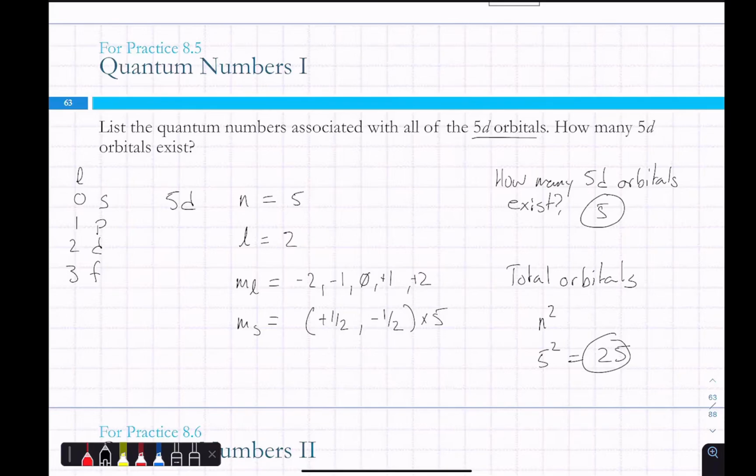So it'd be 1, 4, 5. Yeah, I guess the f exists, but it's not filled. So we'd have 1, 3, and then 1, 2, 3, 4, 5, 6, 7. So 4, 9, 7, 13. That's 20.